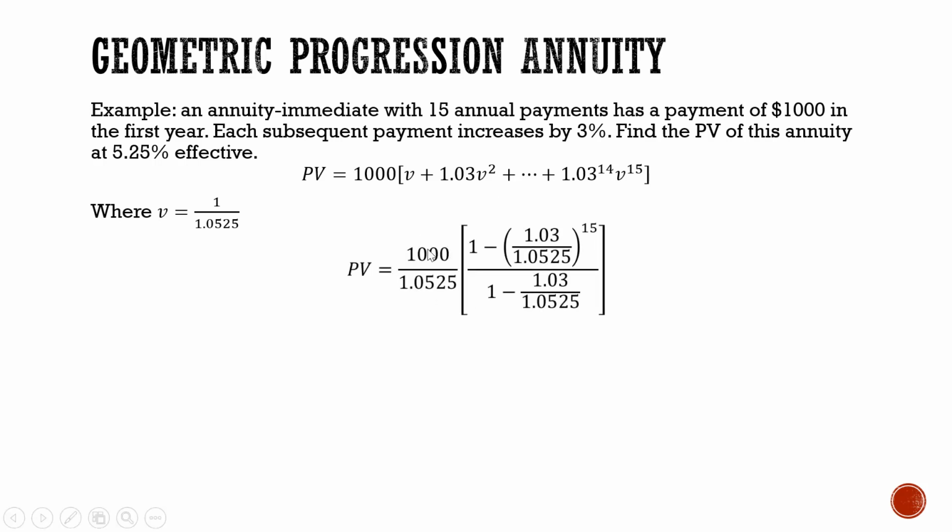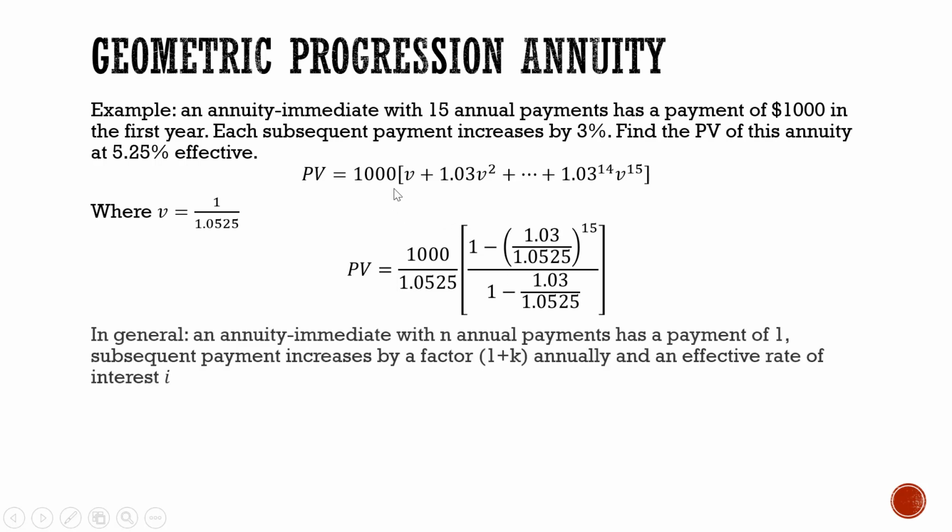So the present value is 1,000 over 1.0525 times (1 minus (1.03 over 1.0525)^15) over (1 minus 1.03 over 1.0525). So that is the answer for this present value of the annuity.